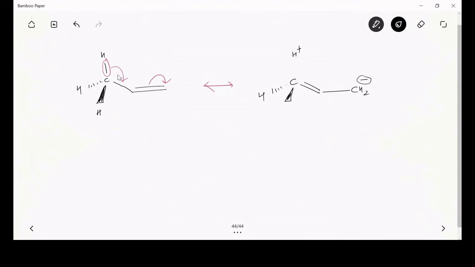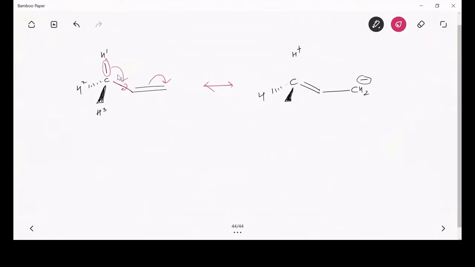Similarly, if I number these protons like proton 1, proton 2, and proton 3, this is a single bond. That means it may rotate along itself.